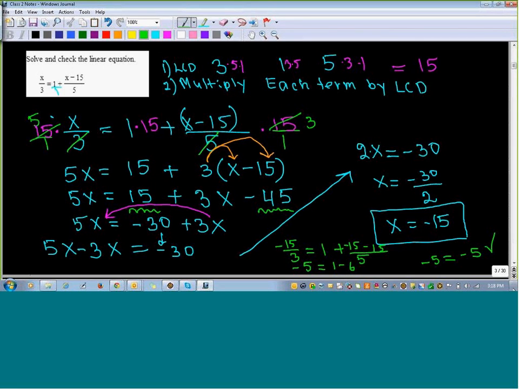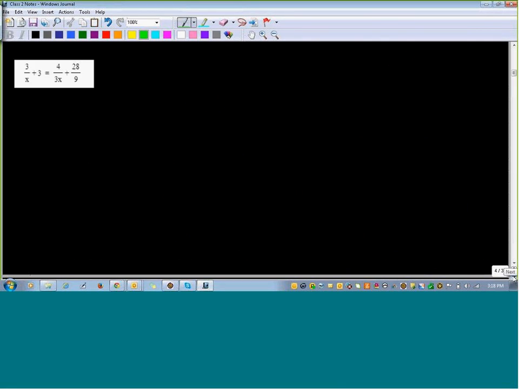Okay, here you see, always be very careful. Always be very careful on this part, the denominator part. Who can tell me why I made those denominators blue?